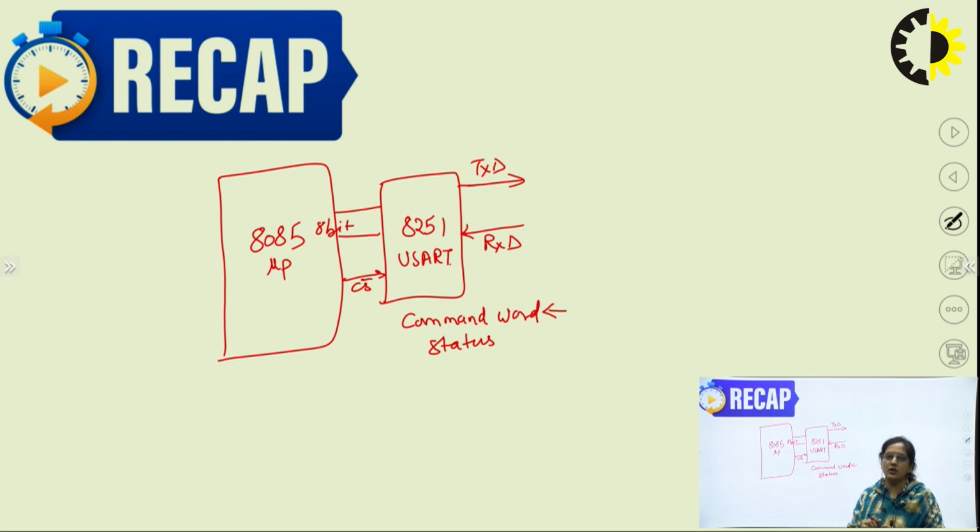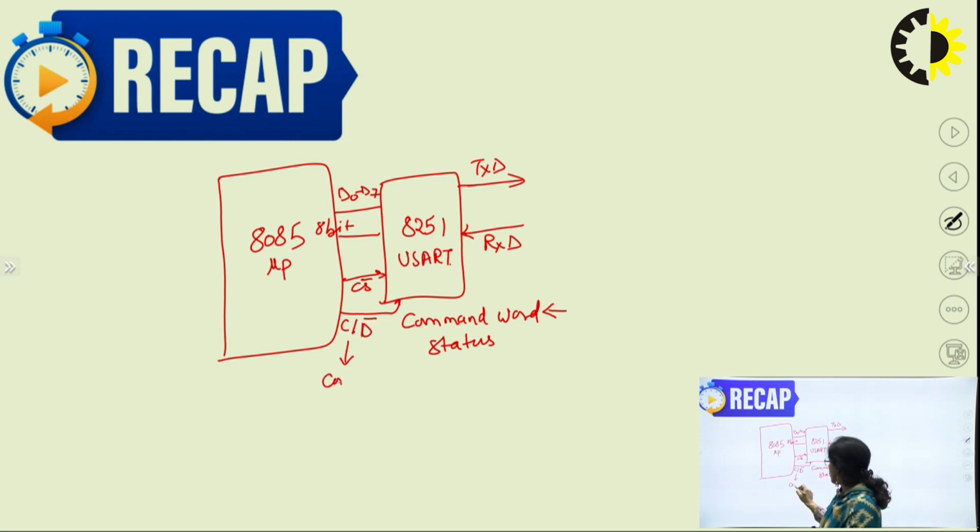After configuration, 8085, taking it as an example, can send 8-bit data on the data bus buffer, on the data bus lines, and this data reaches the 8251. The same data line is used for configuration also, so we need another signal, the C/D bar signal.